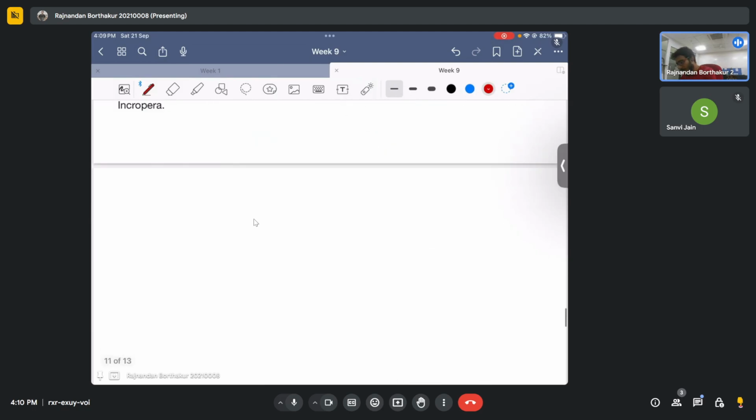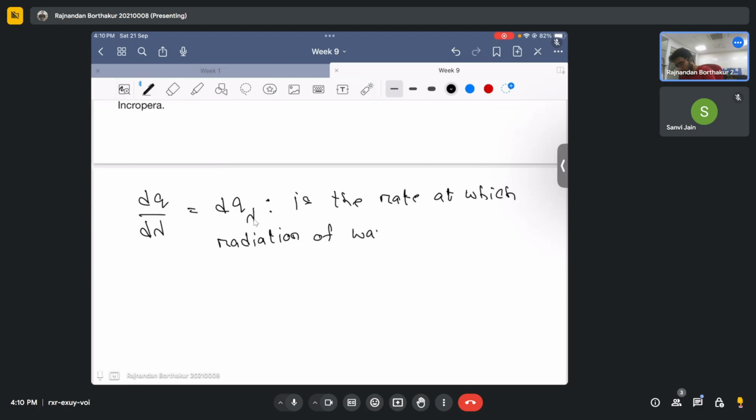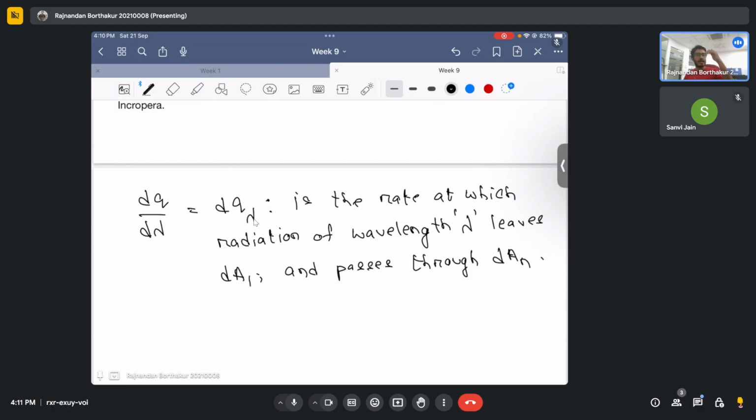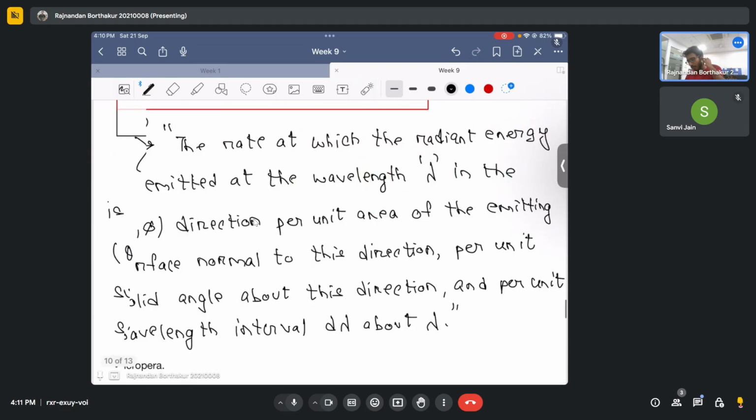It's just a simplification, where this dq lambda is the rate at which radiation of wavelength lambda leaves dA1, and it not only leaves dA1 but passes through dAn. dAn is the area that is subtended by the solid angle. So this is the definition of dq lambda.